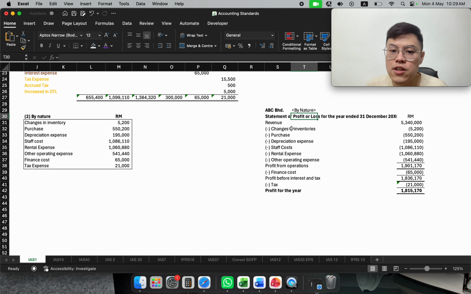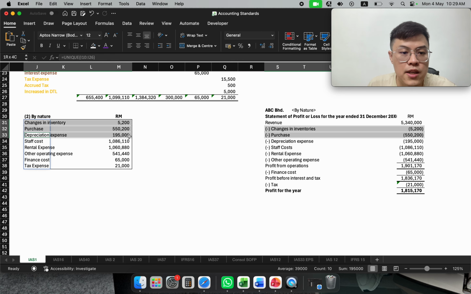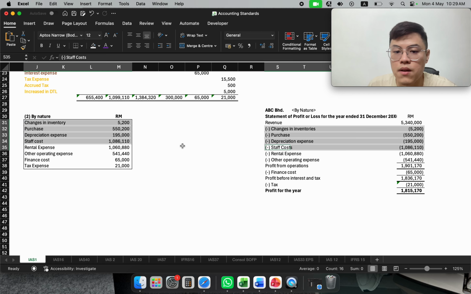SOPL. So by nature, we don't have gross profit. We will use revenue minus all the expenses: changes in inventory, purchase, depreciation, staff costs, rental, other operating expenses.